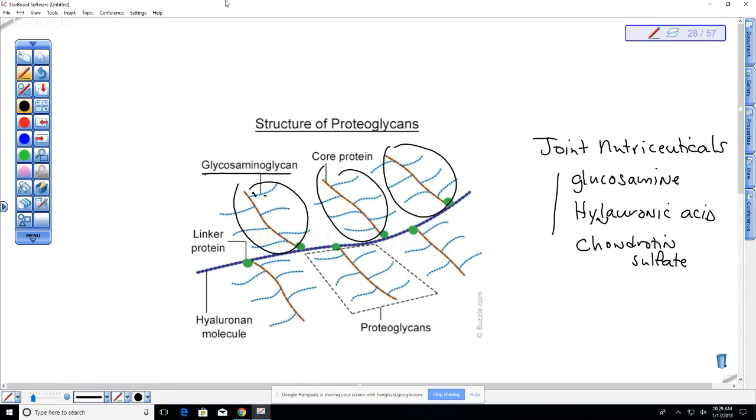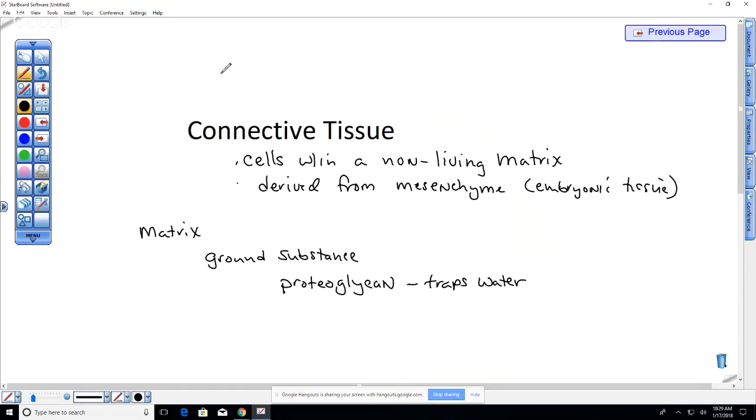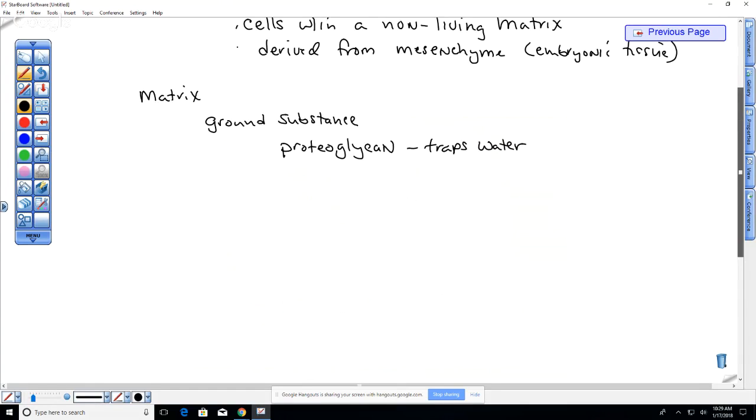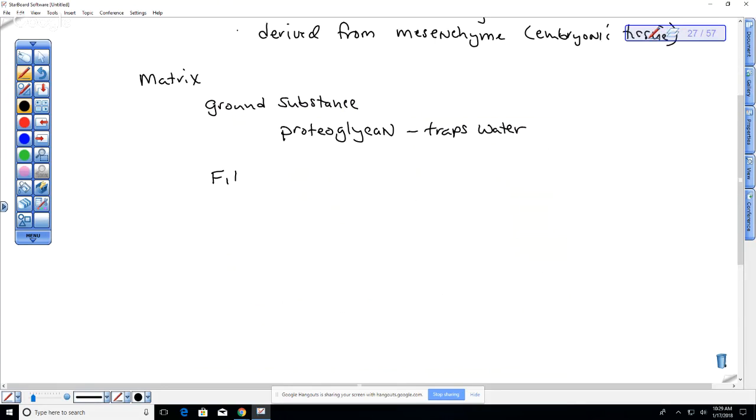Now within that ground substance, we also have fibers. One of the most important fibers that we have within our connective tissue is collagen. What type of molecule is collagen?